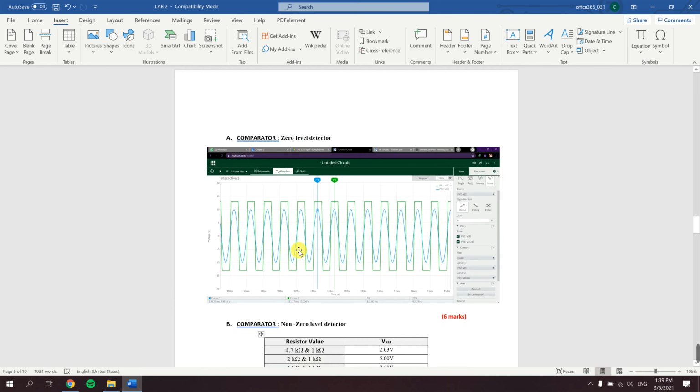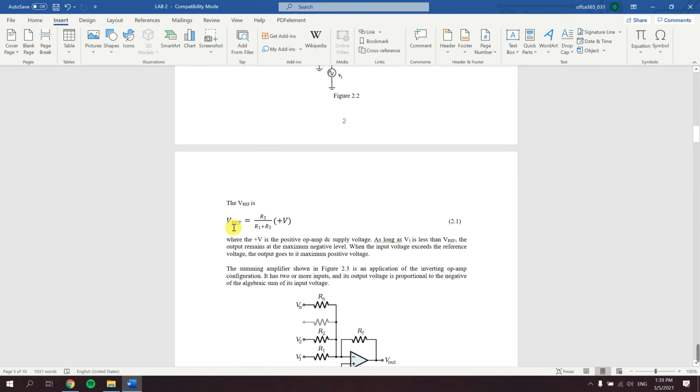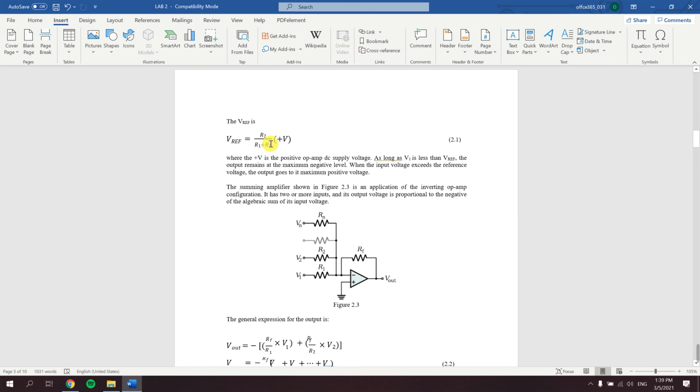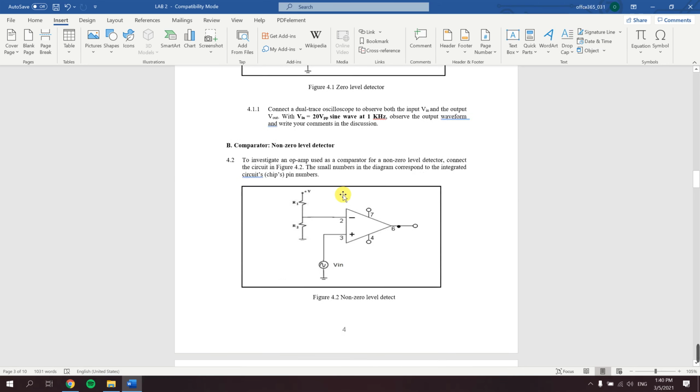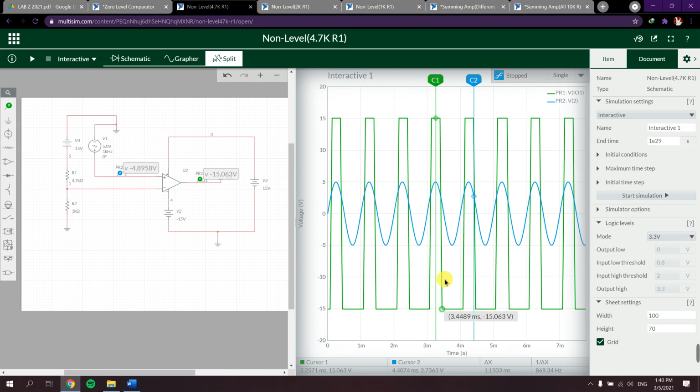After calculating using the formula given, with R2 as 1 kilo ohm and R1 as 4.7 kilo ohms, multiplied by VCC positive, which is 15 volts, we get around 2.63.